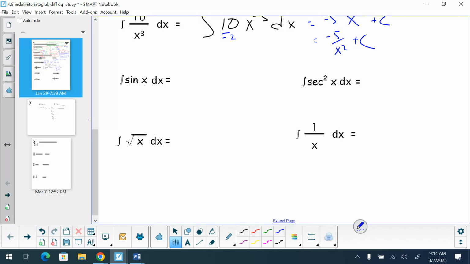Sometimes you just have to think back to, what do I have to take the derivative of to get what I'm taking the antiderivative of? What did I take the derivative of to get the sine of x? So what we have to remember back to: the derivative of sine was cosine.